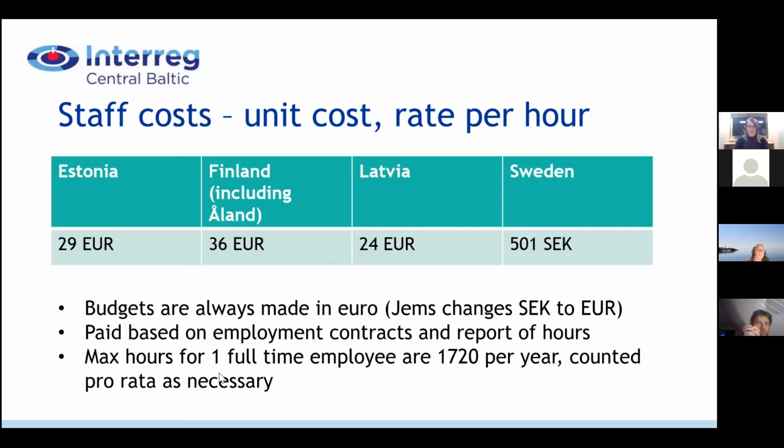And here we have a maximum, which is mentioned in the regulations, for one full-time employee: 1,720 hours per year. In case people are working part-time, or there are other situations where it's not quite full-time employment, then we calculate pro rata, considering the conditions present. And in the GEMS system, applicants have to add each employee and calculate how many hours each person would work for the project, and calculate the budget for staff costs that way.